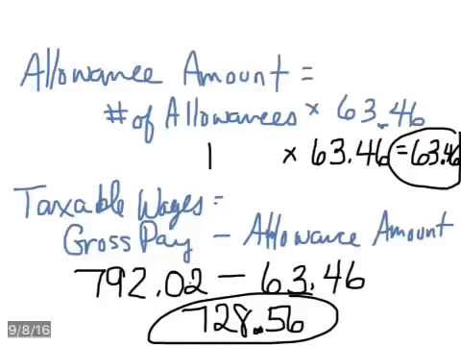And the chart again is on page 130. In there it says the weekly taxable wages. If you're over $51, but not over $195, you will go to the first line. Does the 728 fall into that category? Is it from $51 to $195?